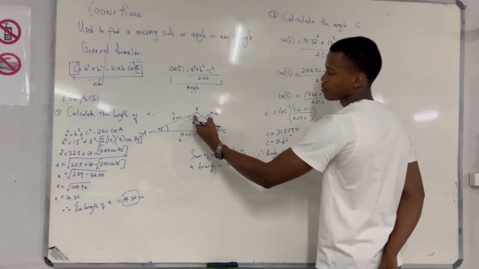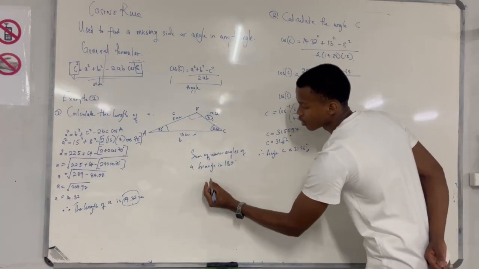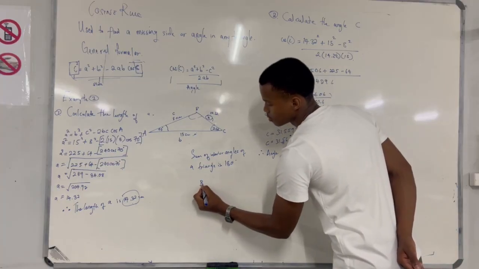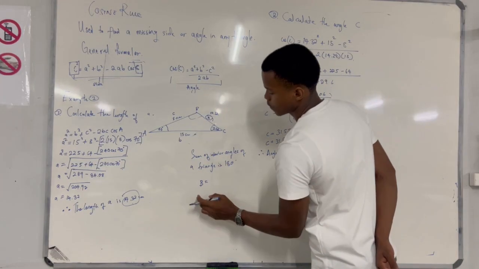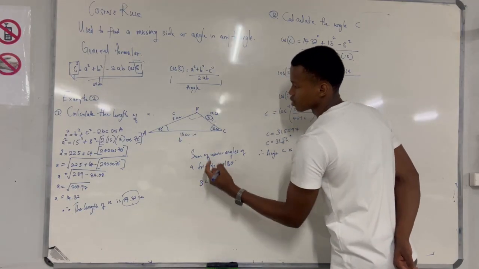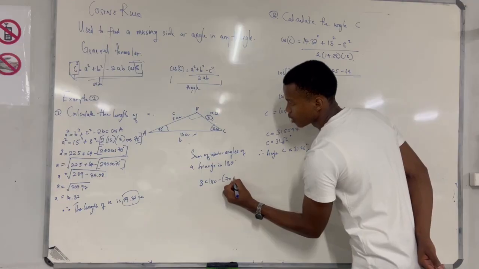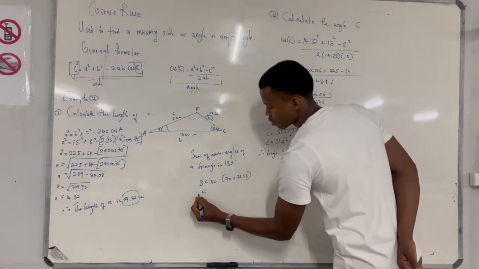Since we don't have the other angle, we are looking for B, so we make B the subject of the formula. In this instance, B equals 180 minus 70 plus 31.56.